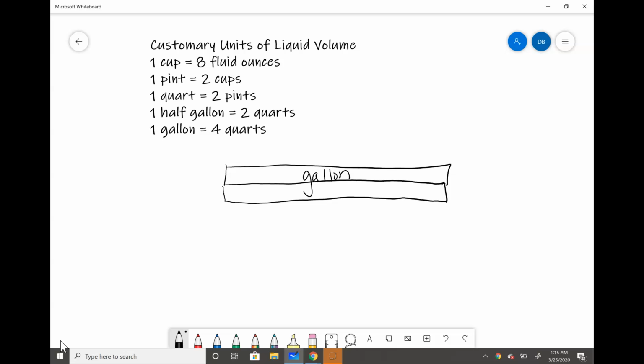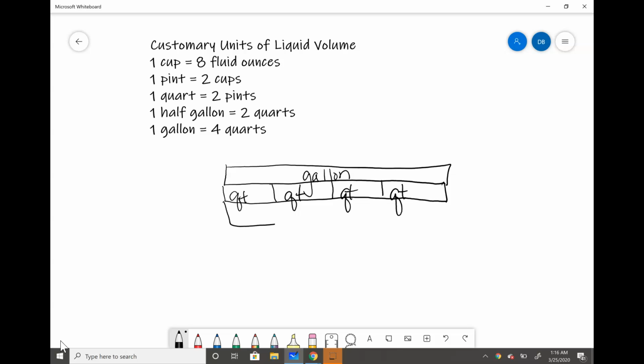Just like 4 quarters make $1, 4 quarts make a gallon. This is a quart, quart, quart, quart.